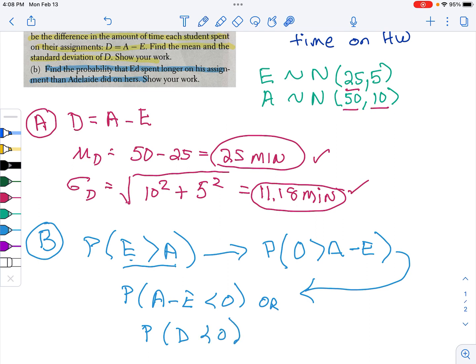So up here, we wanted to know what's the probability that Ed is going to be spending more time than Addie on homework. And so we have to convert this into our random variable for the difference, and that's a minus e. And then this is just simple algebra.